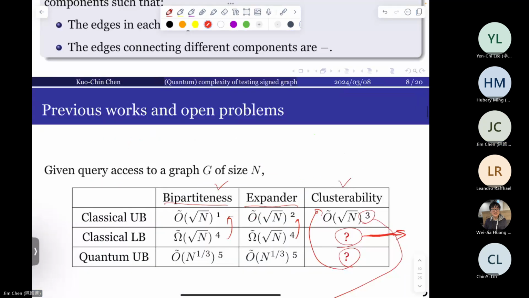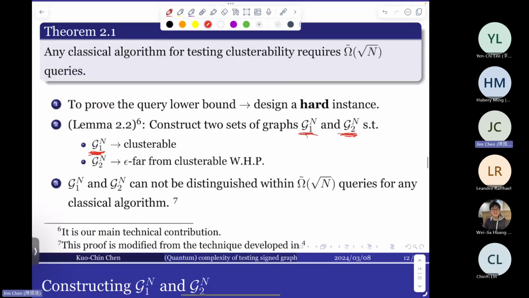And most of the graphs in G2 are far from clusterable.